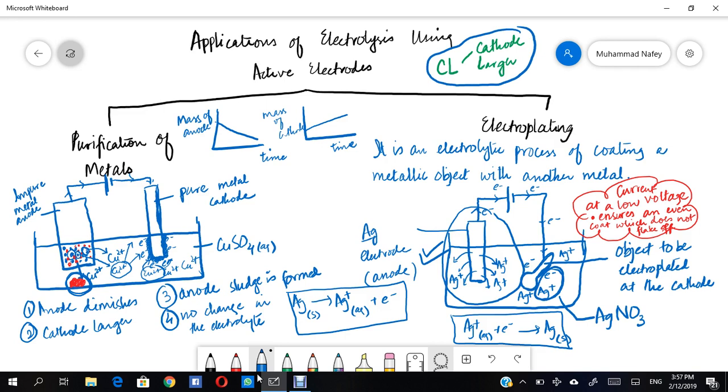Why? Because the anode's loss of mass is attributed to the loss of both the copper atoms as well as the impurities. Therefore, the anode will lose its mass faster than the cathode gains its mass.